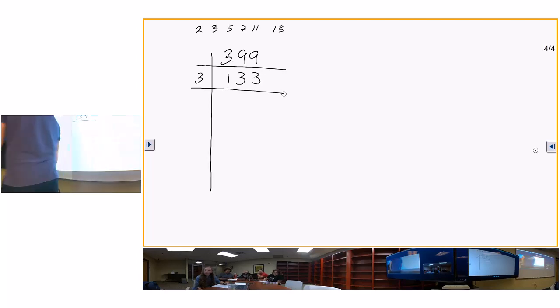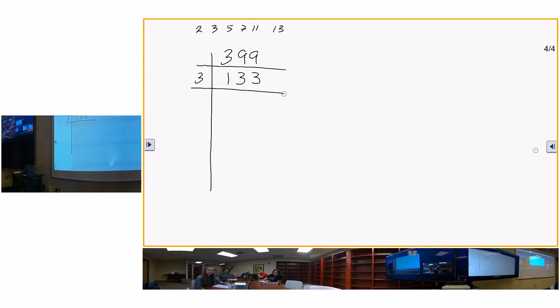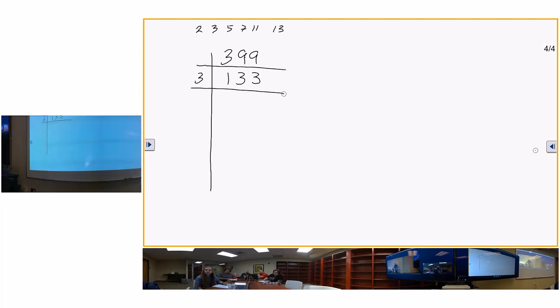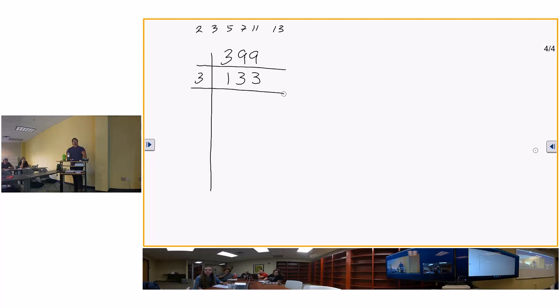Now we got a number we don't know we can divide into. 13 maybe? 13 will go into 13, but it won't go into 3. 11 will go into 13 and that'll leave 2, but 11 won't go into 23. 7 will go into 13 and that'll leave 6. 63. 7 will go into 63.